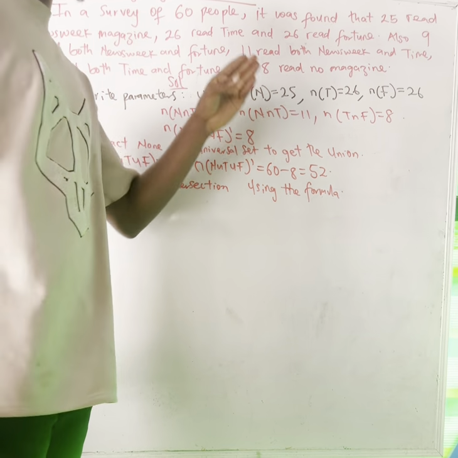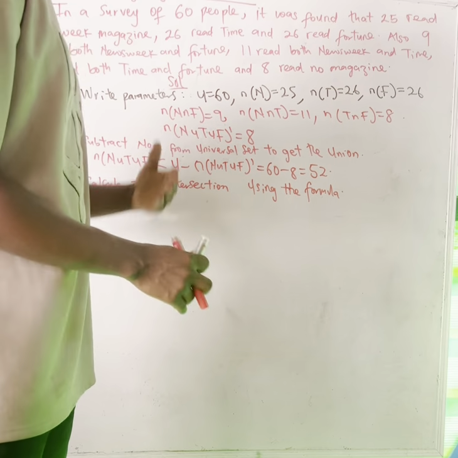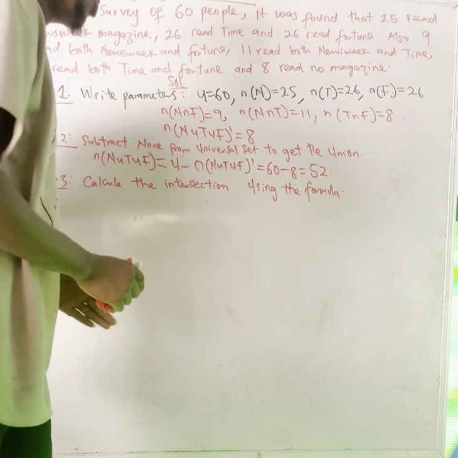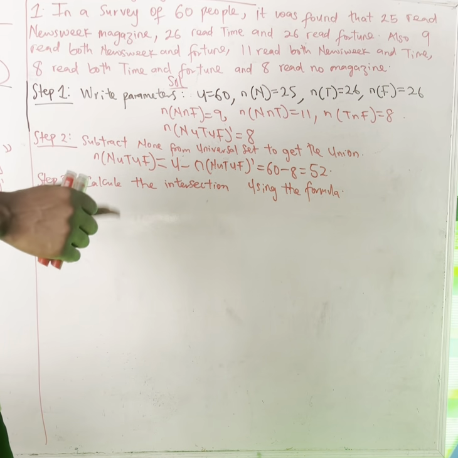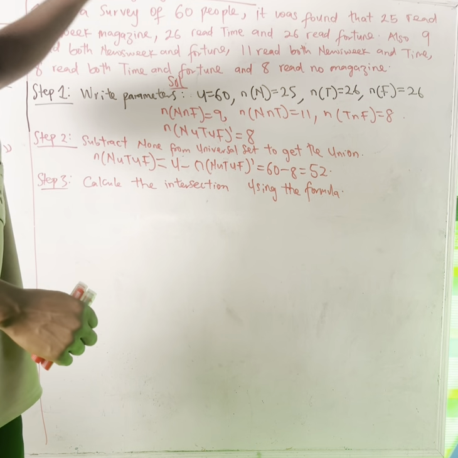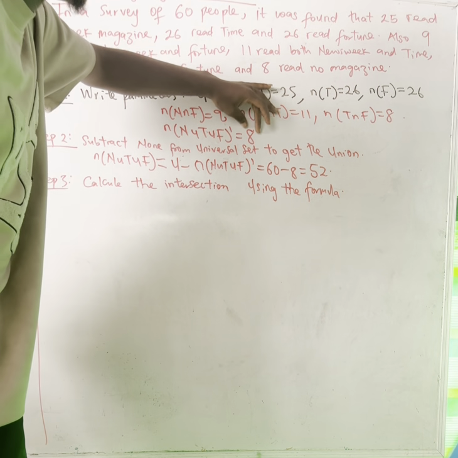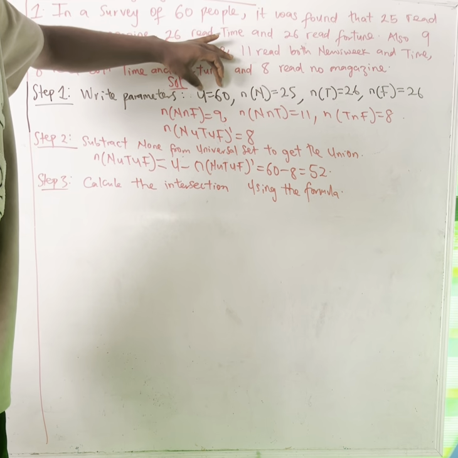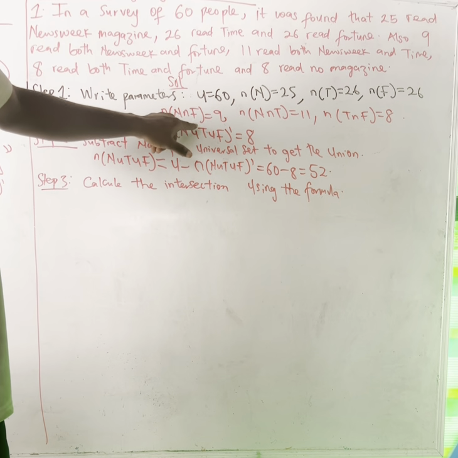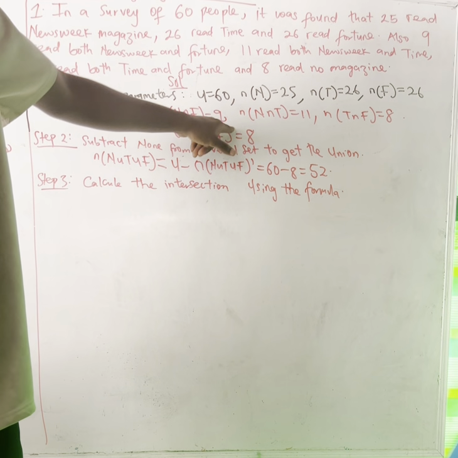But if there is no none, then your universal set is going to equal the union. But in this case, there is none. That is why you first subtract the none from the universal set. The none is usually represented as the union complement. So that is that.